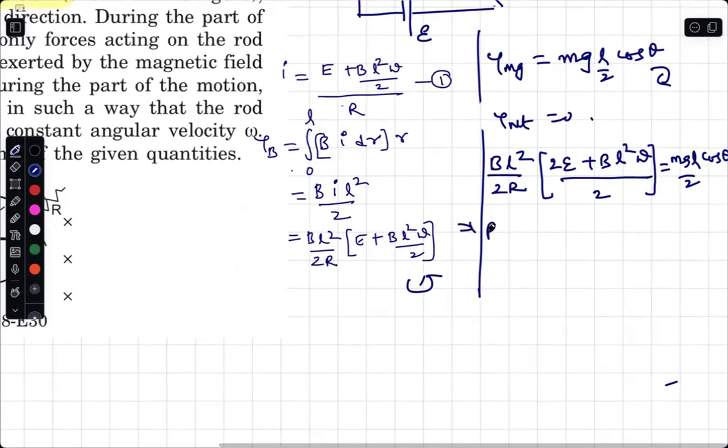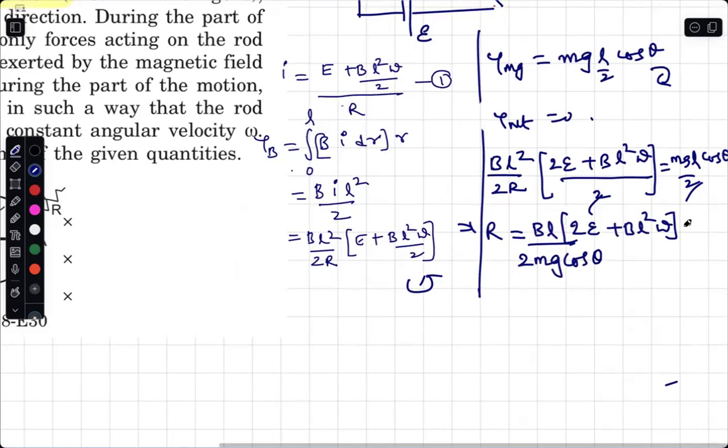So which implies the resistance is BL square L, because here L square and here L. So BL by 2mg cos theta times 2E plus BL square omega. That is what the resistance. So you should change your R all the time to have this.